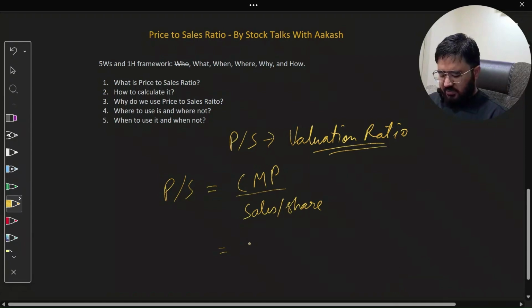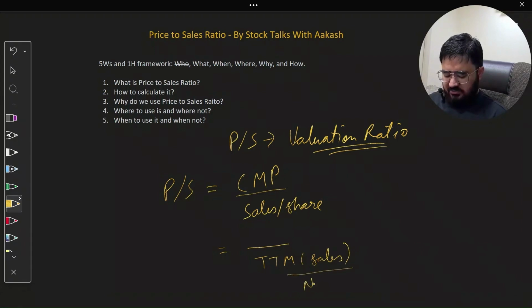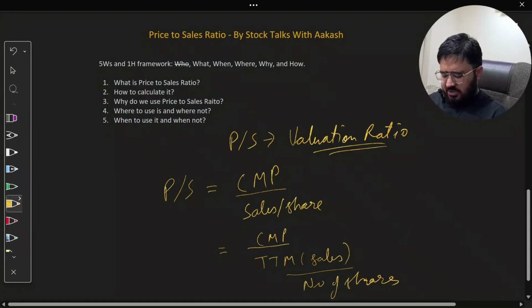Current market price you can take from any website, and sales you can take TTM sales data divided by number of shares. So you can calculate price to sales very easily with this formula.